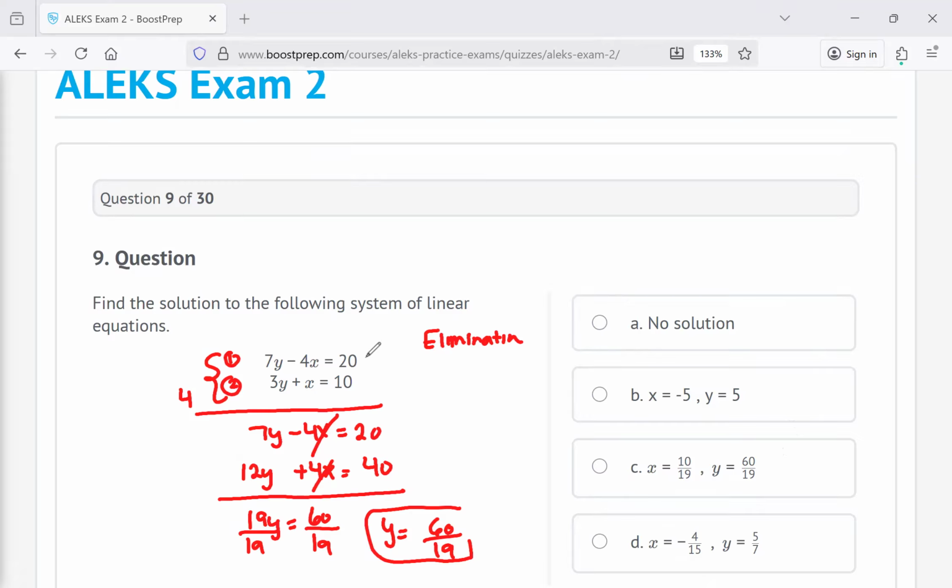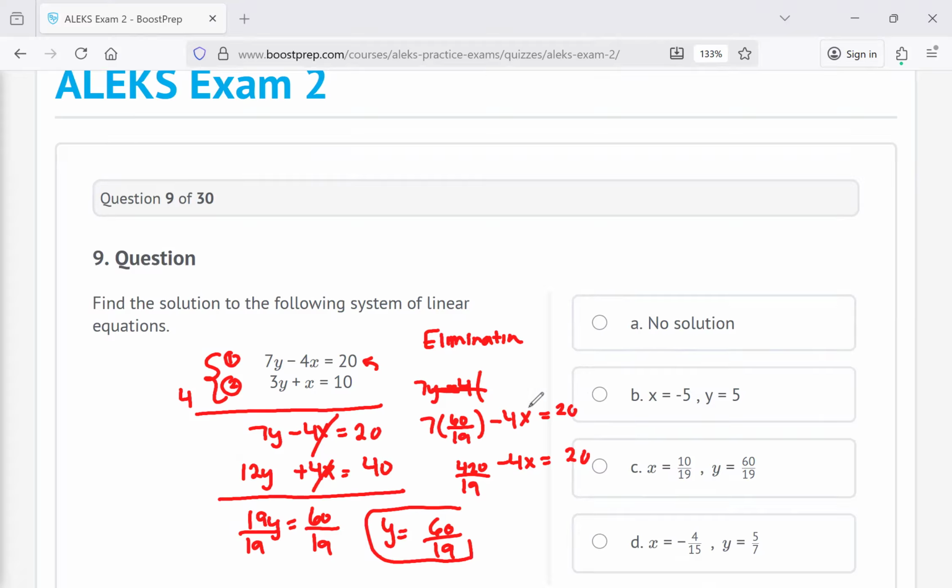You could put it into the first one. So replace y with 60 over 19. So 7 times 60 over 19 minus 4x. 7 times 60 is 420 over 19 minus 4x equals 20.